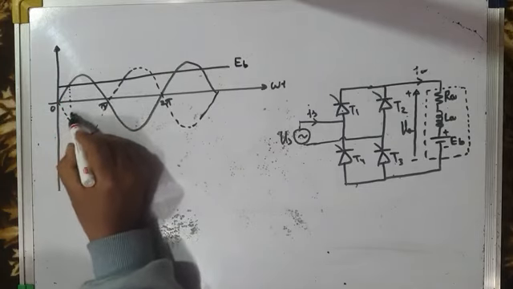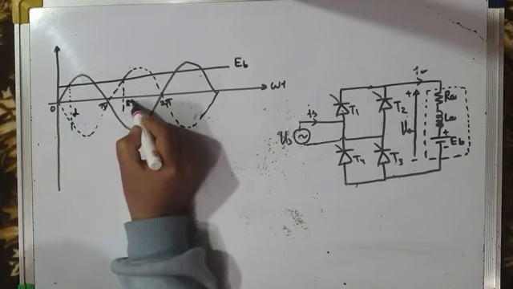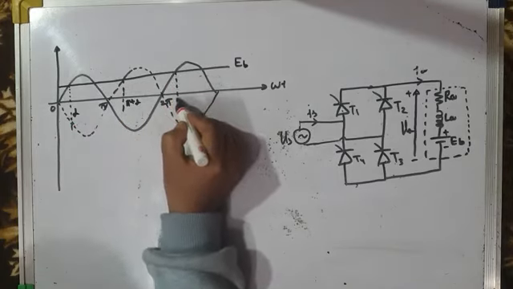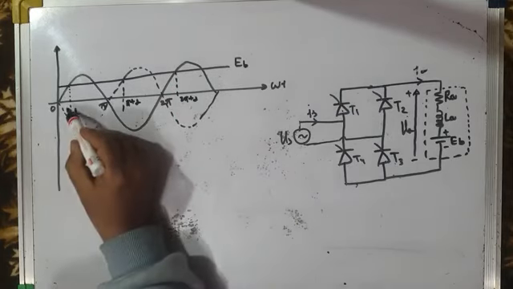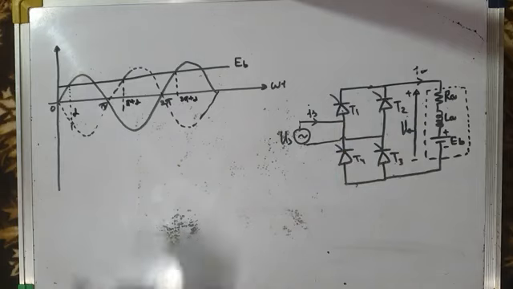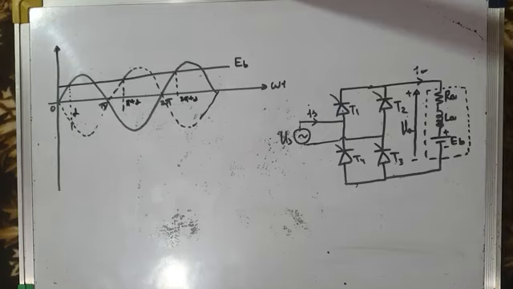Here, this is alpha, and this is pi plus alpha. This is 2 pi plus alpha, and so on. These are the firing instants. At alpha, T1, T3 pair is fired. At pi plus alpha, T2, T4 pair is fired. At 2 pi plus alpha, again T1, T3 pair is fired, and so on.